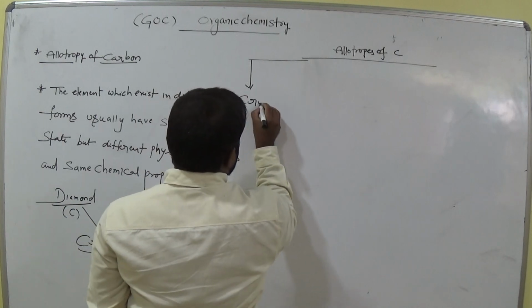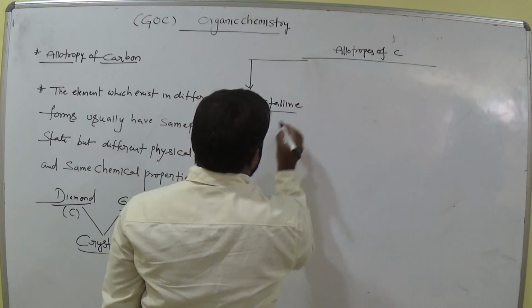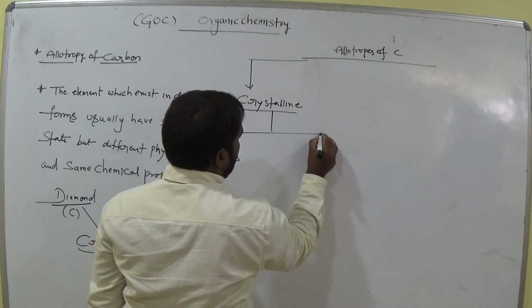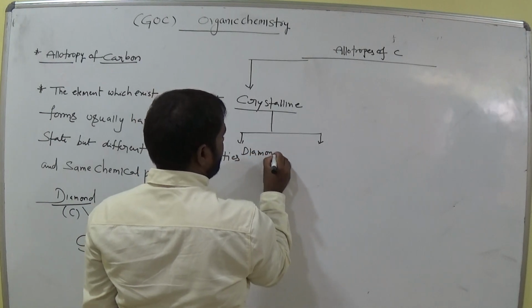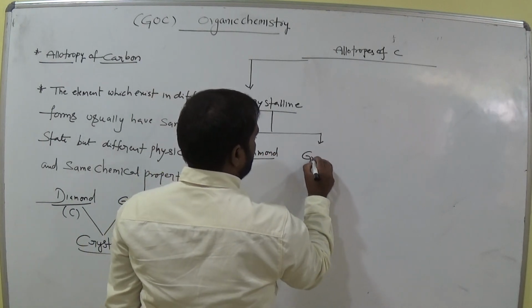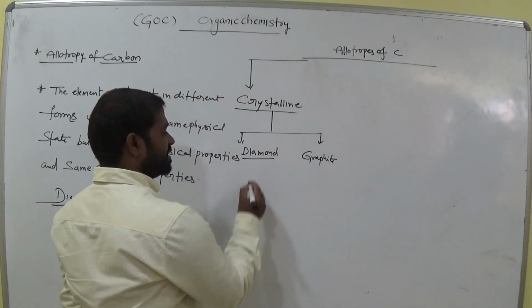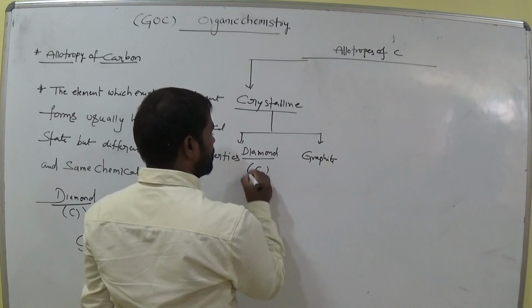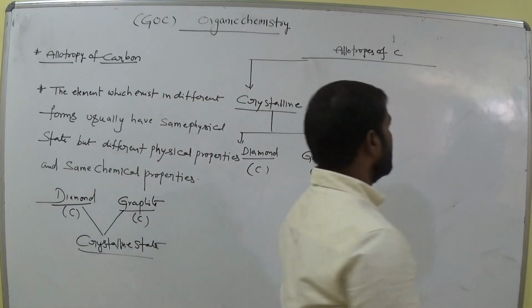Crystalline allotropes: in the crystalline allotropes we have diamond and graphite. What is the element in diamond? Carbon. What is the element in graphite? Carbon.